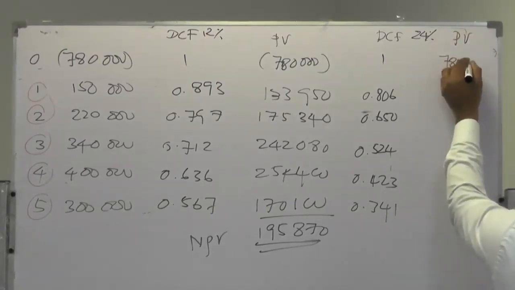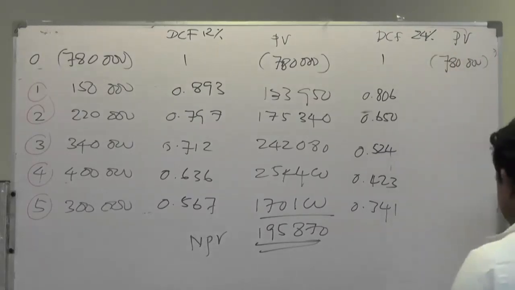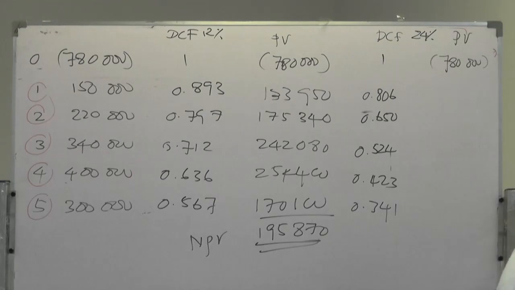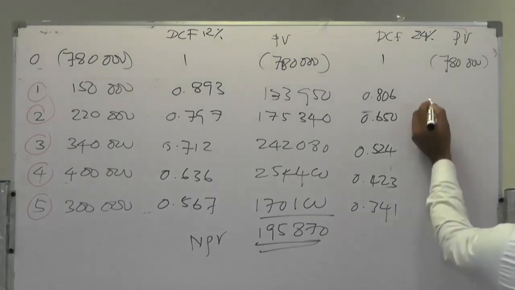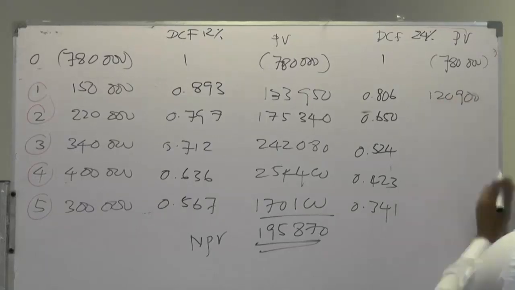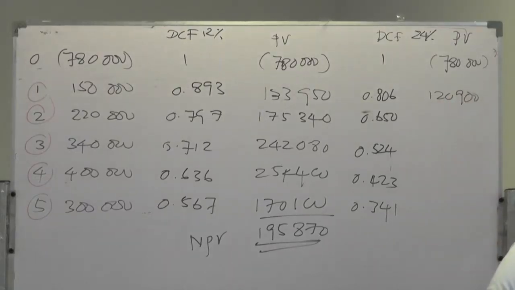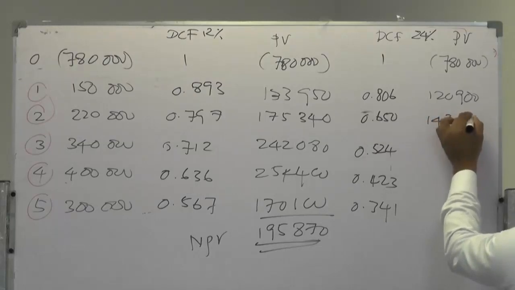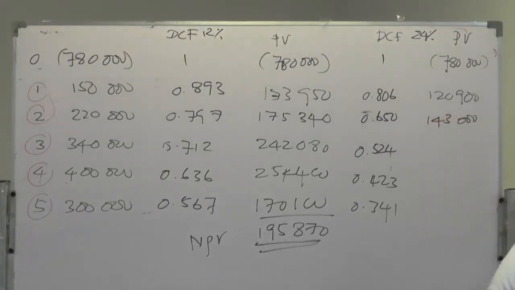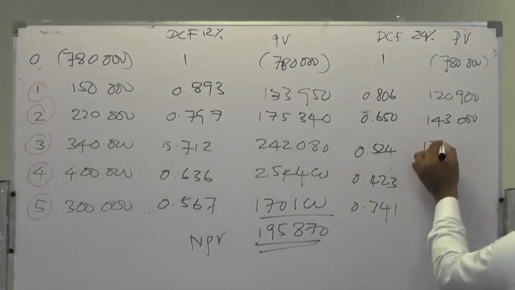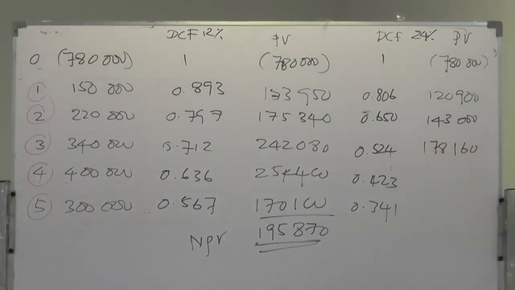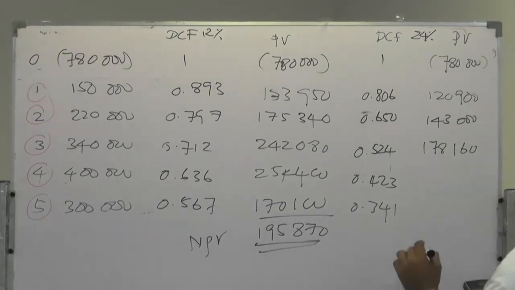Here it stands at 780,000 since it is at year 0. For the other values, 0.806 into 150,000 is 120,900. 0.65 into 220,000 is 143,000. 0.52 into 340,000 is 178,160. 400,000 into 0.423 is 169,200.